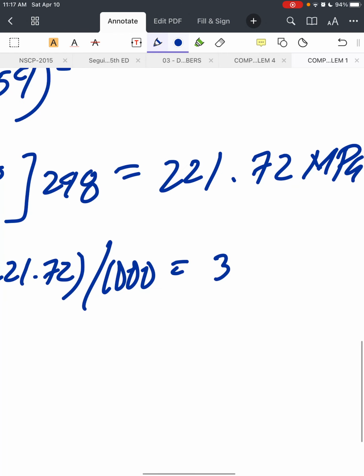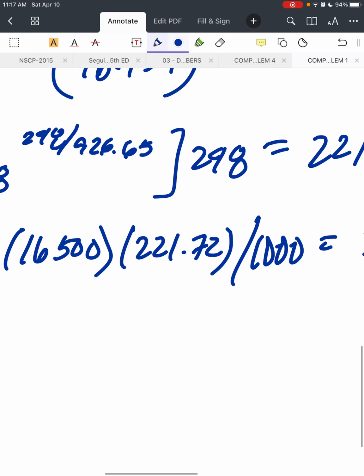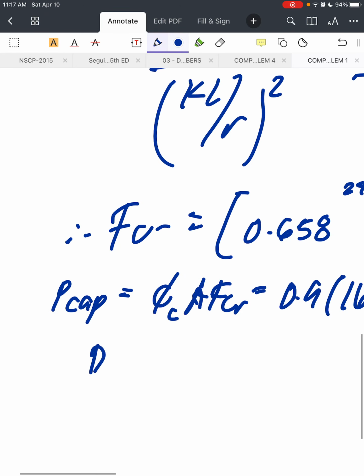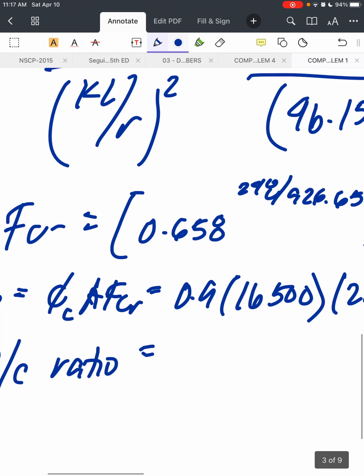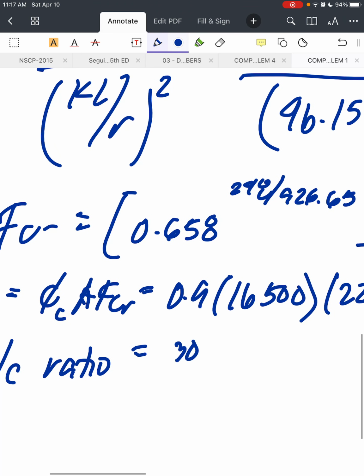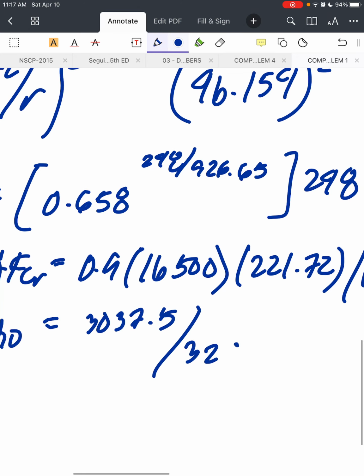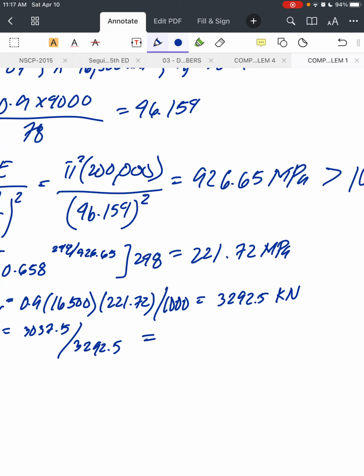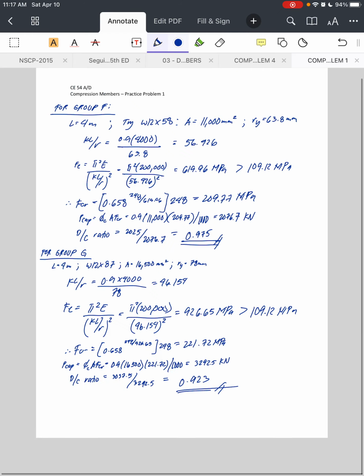So that is equal to 3,292.5 kilonewton. So lastly, we can now compute for the DC ratio, demand capacity ratio. It is equal to 37.5 over 3,292.5. So that is equal to 0.923. Okay? So let's summarize.